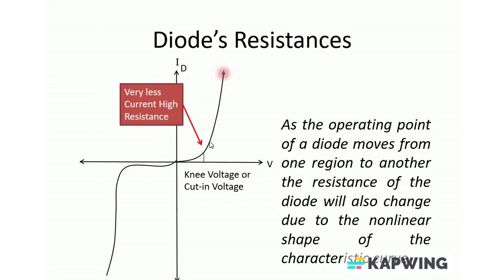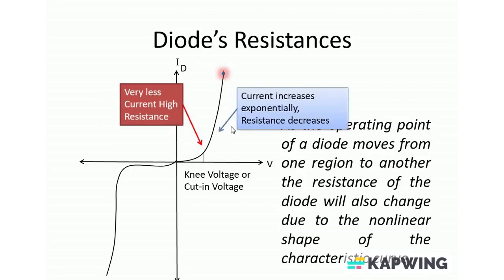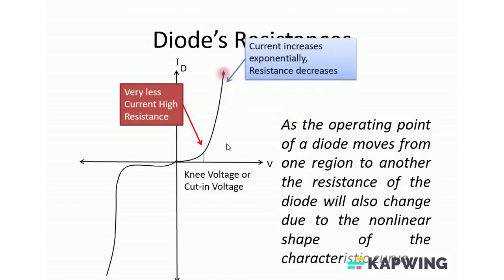And when we keep on increasing the voltage, when more current is flowing through the device, the resistance drops down. Here we'll have less resistance because the current has increased. We know the relationship between voltage, current and resistance, that Ohm's law equation. Following that, we can easily calculate the diode's resistance.